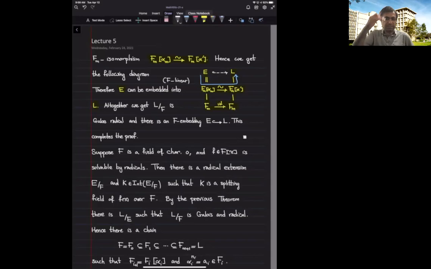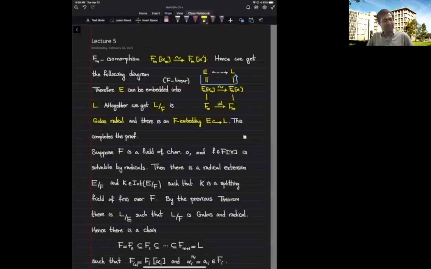That is important because the field extension E should be embedded into the field extension L over f. So altogether, we get this field extension of L over f that is both Galois and radical, and there is an f embedding of E into L. That completes the proof of the induction step.